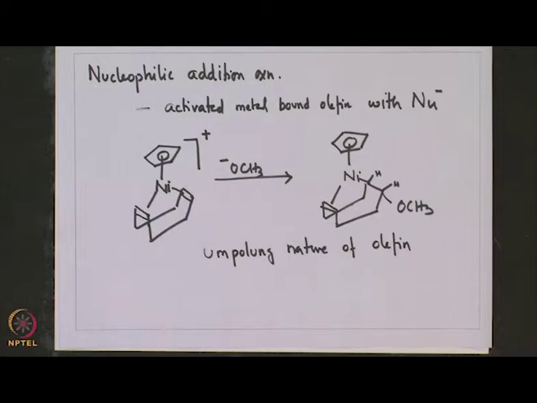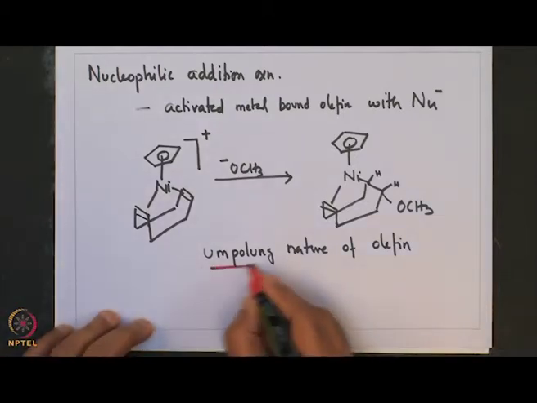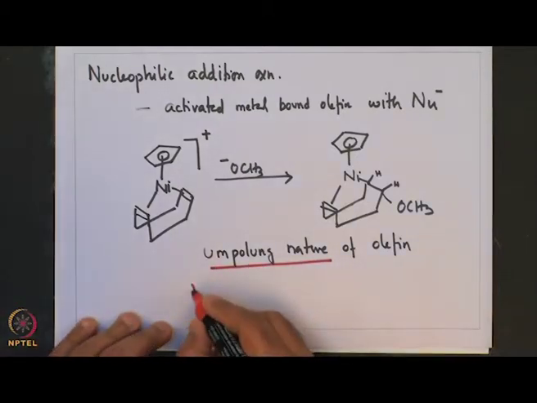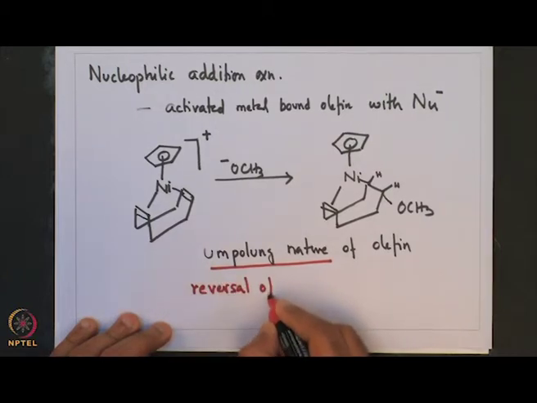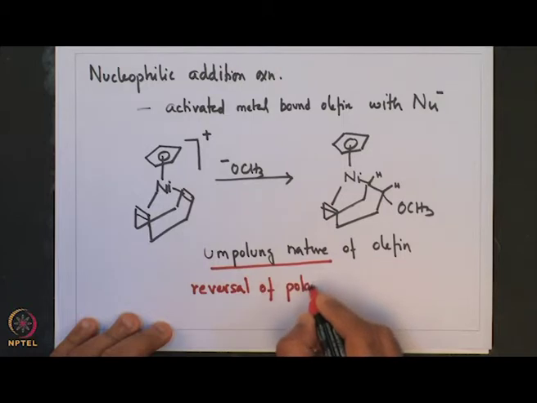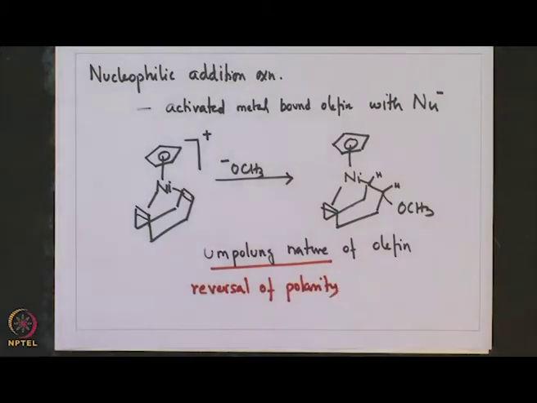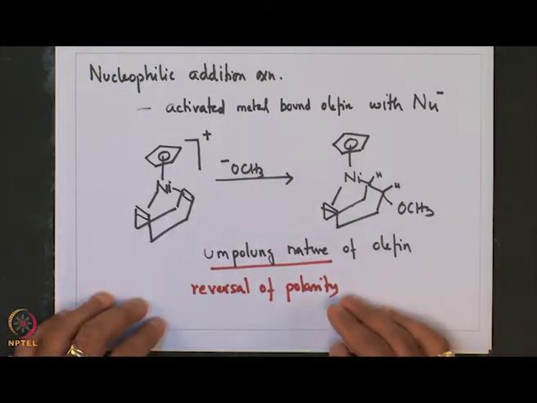So, Umpolung reactivity is a very important concept, which means reversal of polarity, and that has been very cleverly exploited in organometallic chemistry for synthesizing transition metal sigma alkyl complexes. Now, just a brief discussion on this.